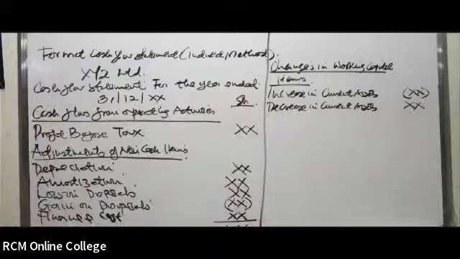So they operate like that. If those current assets items increase, you deduct. But if they decrease, you end up having to add.